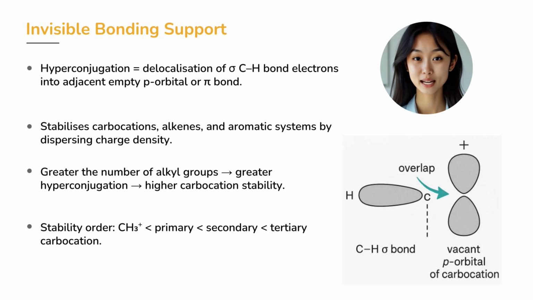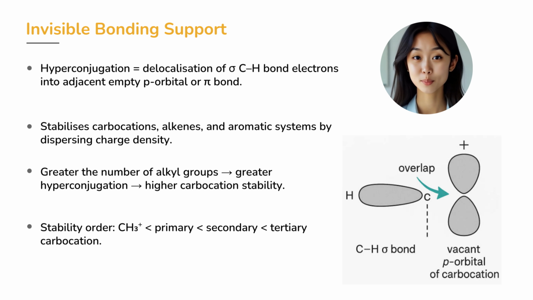Here's a fascinating advanced concept: hyperconjugation, also called no-bond resonance. Imagine hydrogen atoms next to a positively charged carbon lending their sigma electrons to stabilize the empty orbital. In other words, the sigma bond of a carbon-hydrogen overlaps with the vacant p orbital of a carbocation.